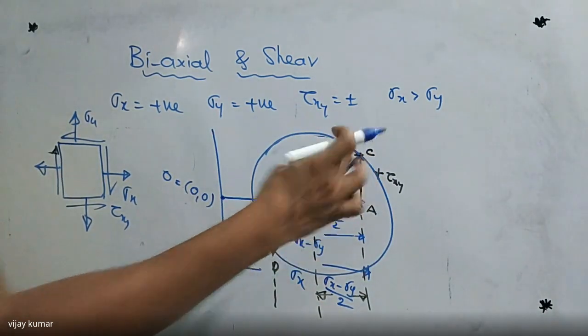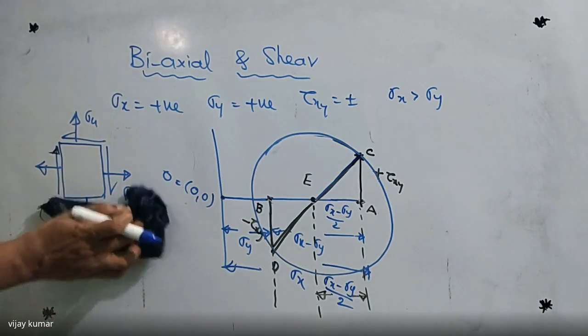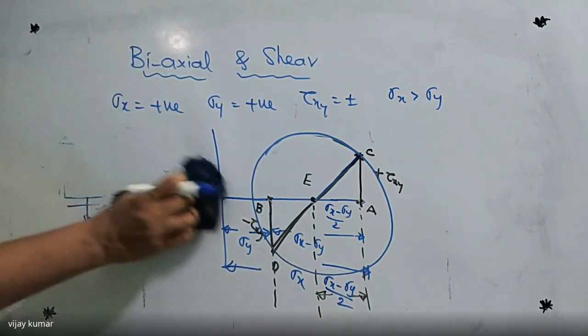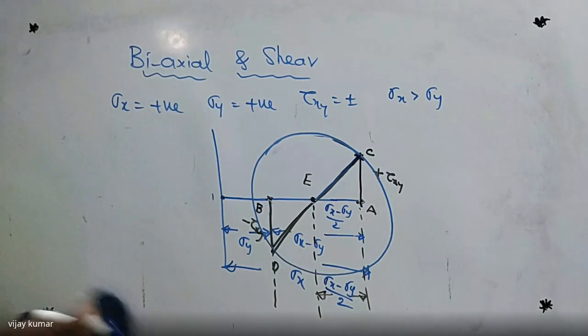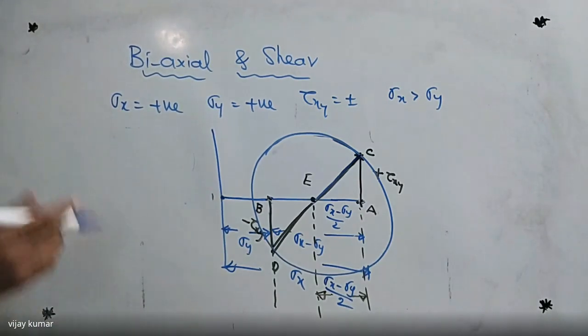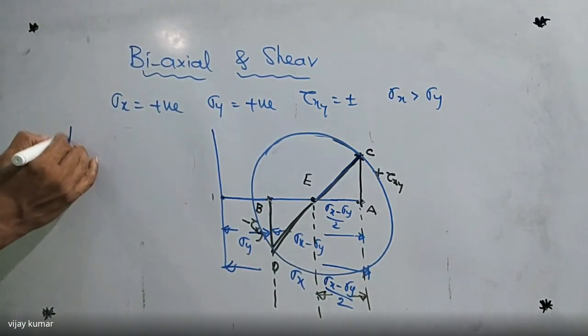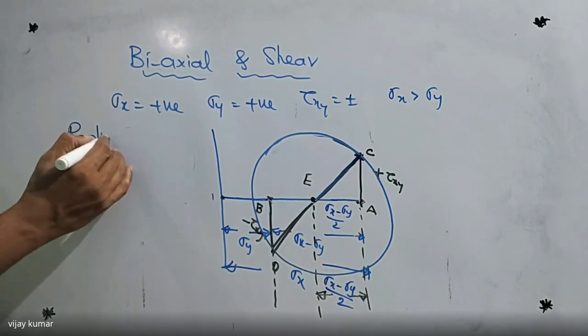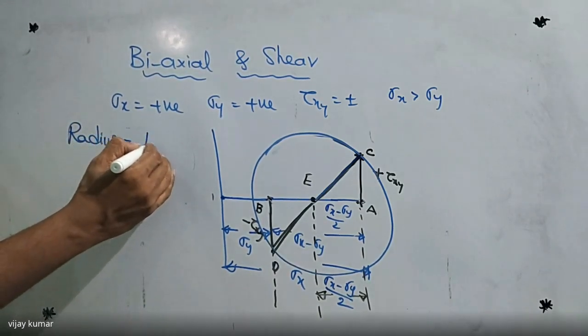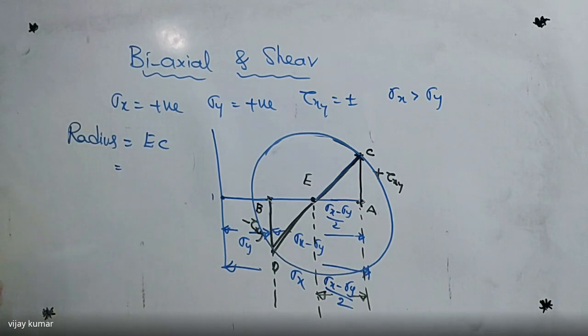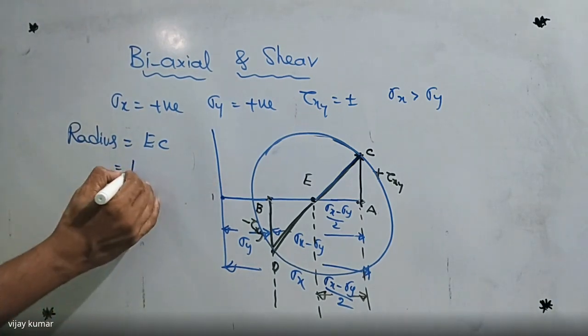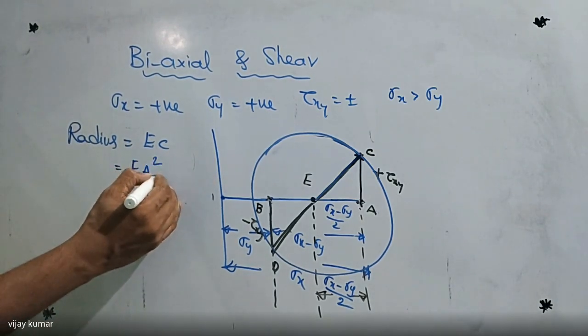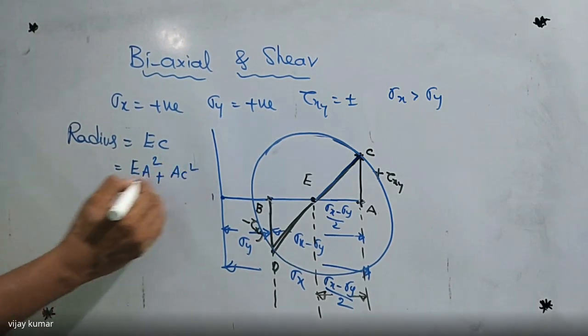Now, how to find this radius? We can find the radius of the circle very easily. Anyone, tell me how to find that radius. The radius, I'm writing here, is nothing but EC, which is equal to the square root of EA whole square plus AC whole square.